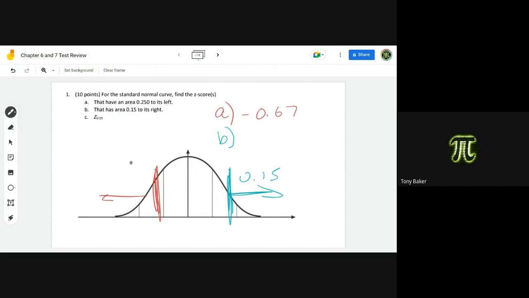But the table is going to give me that part, right? So what number am I looking for on my table? Right, we're going to subtract from 1. So we're really looking for on the table the 0.85.